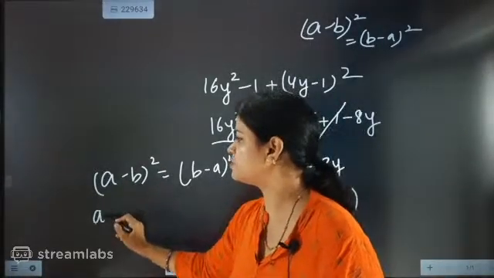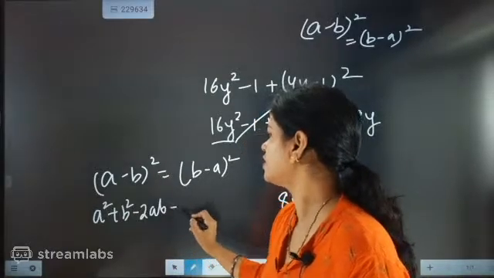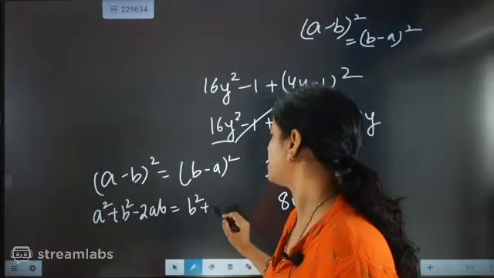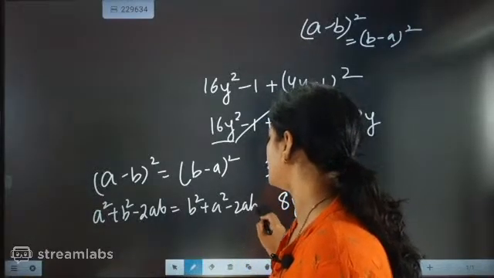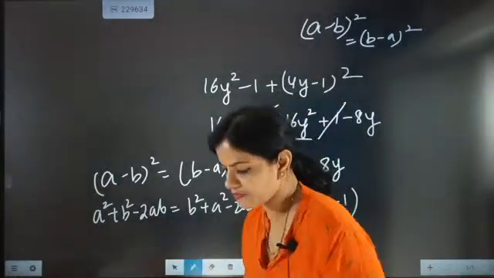Because (a − b)² is a² plus b² minus 2ab, and (b − a)² is b² plus a² minus 2ab. In addition, they both will be same.